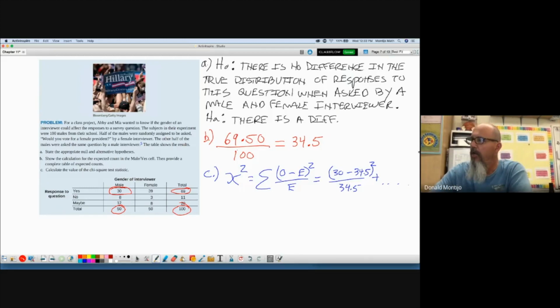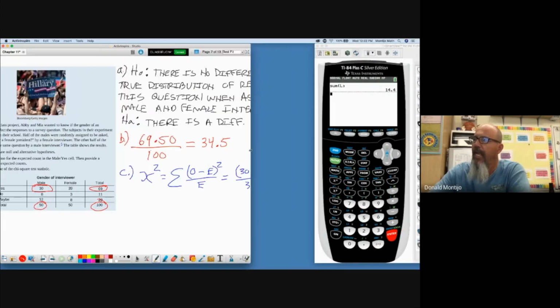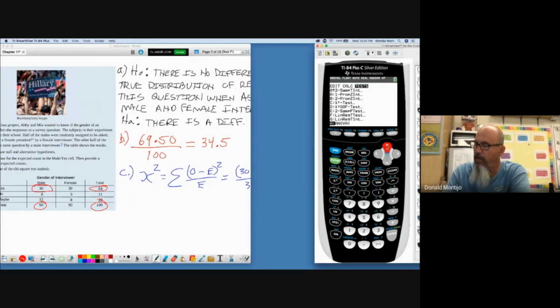So fortunately for us, the calculator can do these calculations for us. Okay. In stat test, guess what? There is a chi-squared test. We don't want a goodness of fit test.